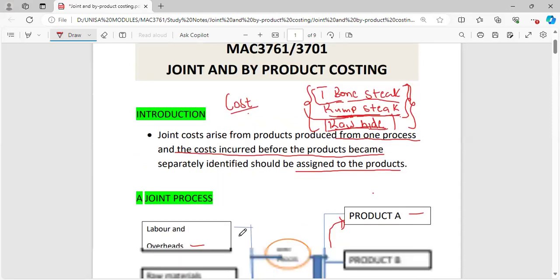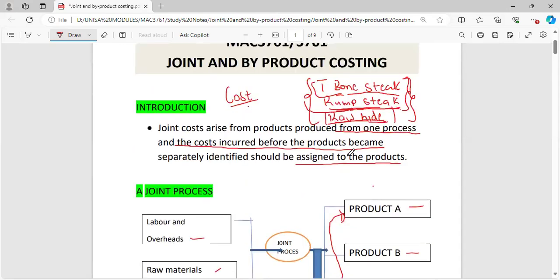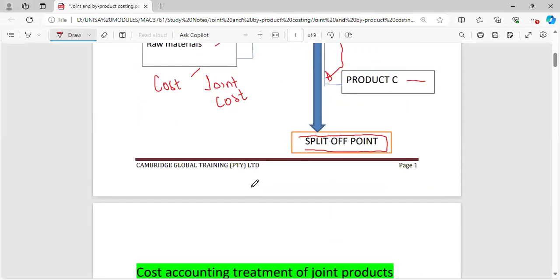So what it means now is the labor and overheads and the raw material, which are the joint cost, will now not be allocated to the byproduct. So that's another key area that you should look at when you are answering your question.